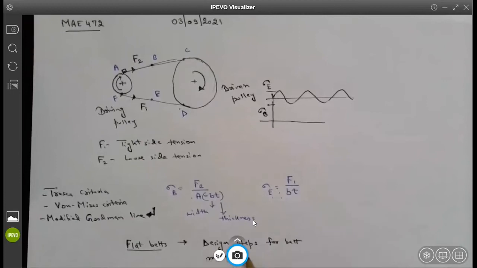In that belt material selection, you will not see the use of the modified Goodman line failure theory.